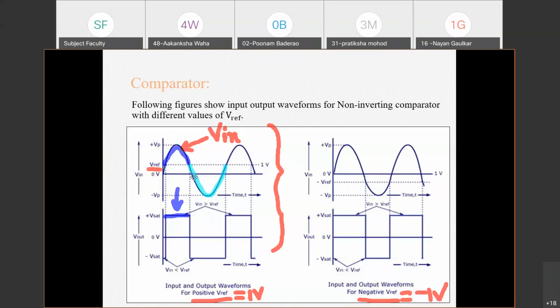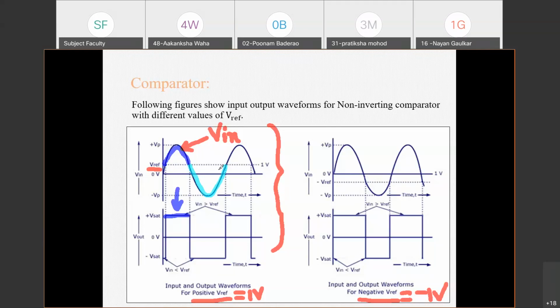This shaded portion. This V in is either greater than V reference, this is your V reference, or less than V reference. Anyone?